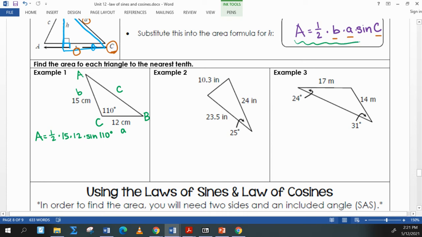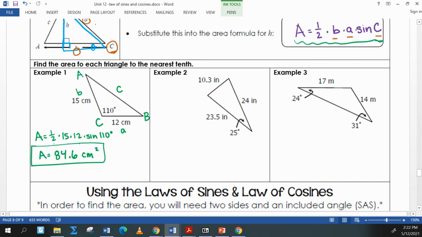Again, this comes straight from this area formula that we just found by solving for H. Okay, all you do here is plug this straight into a calculator. So grab your calculator. Instead of 1/2, I'm going to put 0.5 times 15 times 12 times the sine of 110. Hit enter, and I get 84.6. And then just look at your units as well. Area is always going to be squared, because these really had centimeters attached to the 15 and the 12. So we square our centimeters, or just centimeters squared right there. And that's your area. Not too bad, right?